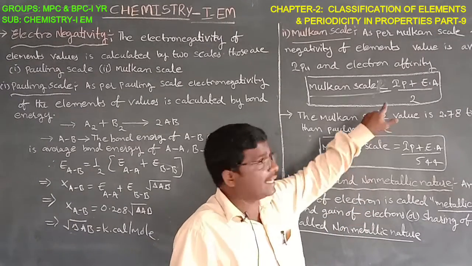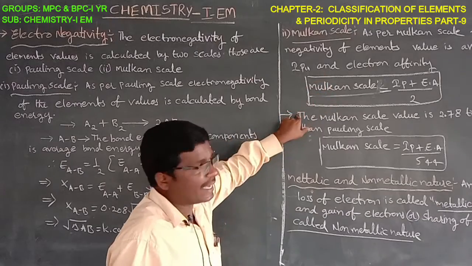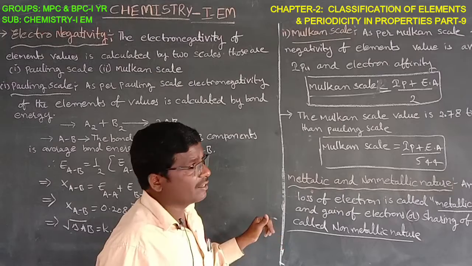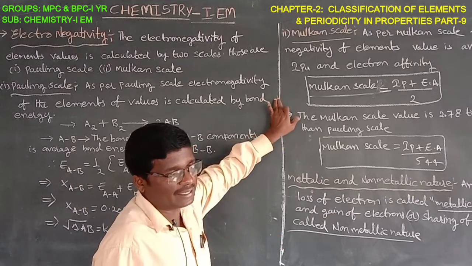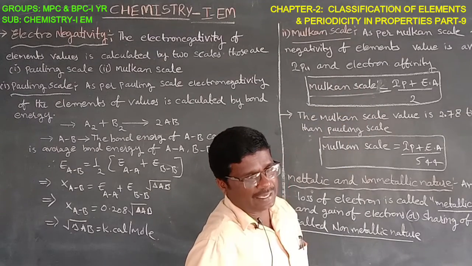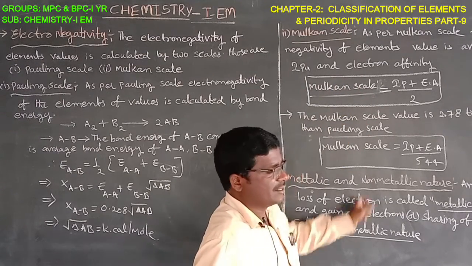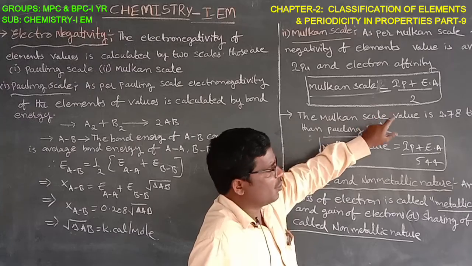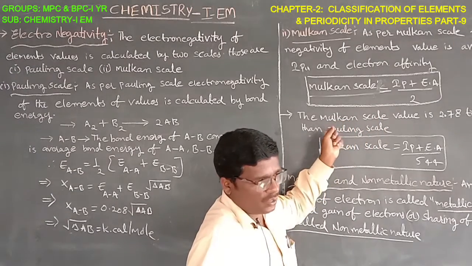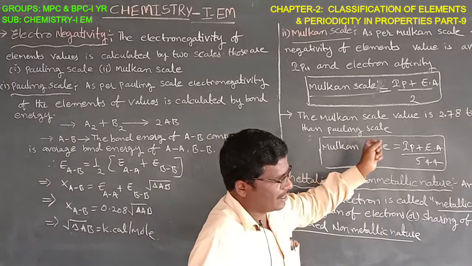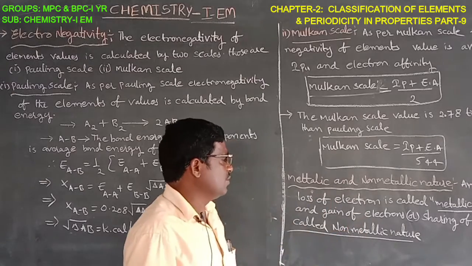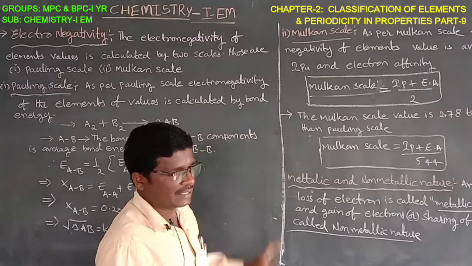But as per the Mulliken scale, the electronegativity is calculated by the average value of ionization potential and electron affinity. The Mulliken scale is 2.78 times more than the Pauling scale. So the Mulliken scale is equal to ionization potential plus electron affinity by 544. That is the Mulliken scale.